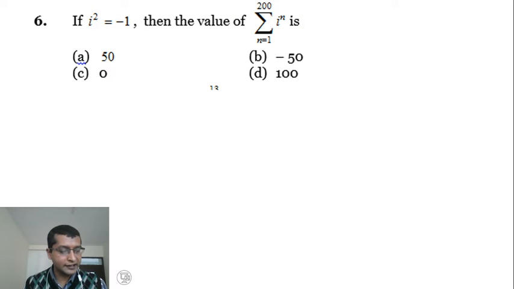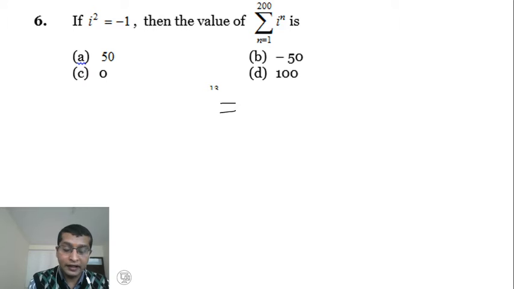Then we'll move to our next example. It is given that i equal to root of minus 1, otherwise i square equal to minus 1. Then the value of summation n takes the value from 1 to 200 i raised to n is. So this can be written as, I take n equal to 1 and expand first.